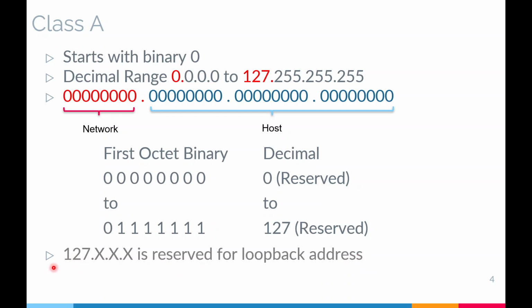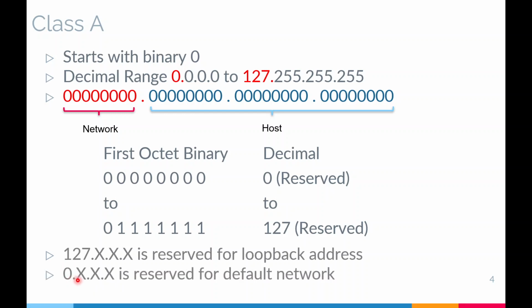So if on your machine you host a web server or start any application, and you use this IP address 127.0.0.0 or 127.0.0.1 or any combination in this XX, but first has to be 127, it will call the same server. Hence, it's a loopback address. So all this 127 series is completely reserved.